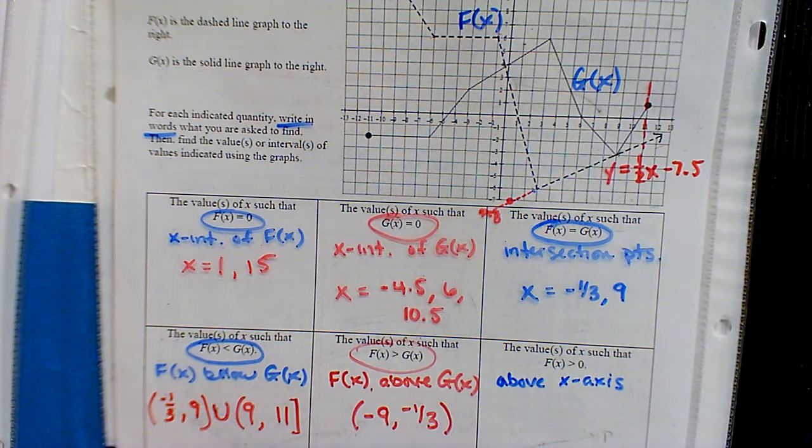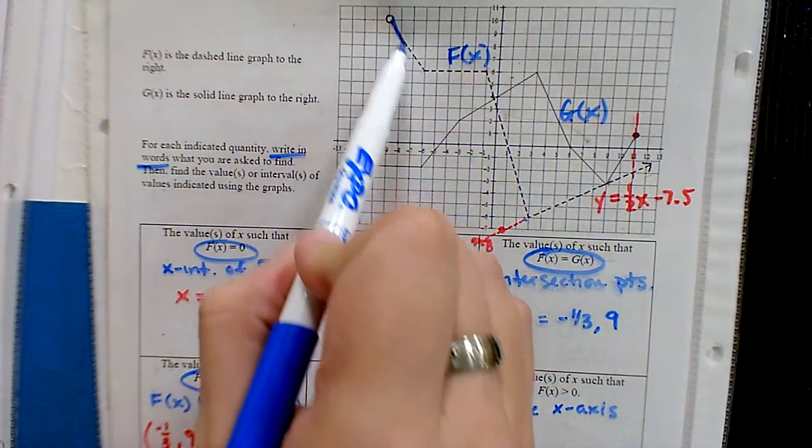If we're looking at y values above 0, those are all positive, and all the positive values for y are above the x-axis. So only looking at the dotted graph. We don't care about the solid one. Only looking at the dotted graph. Where is that above the x-axis? Maybe you can trace it.